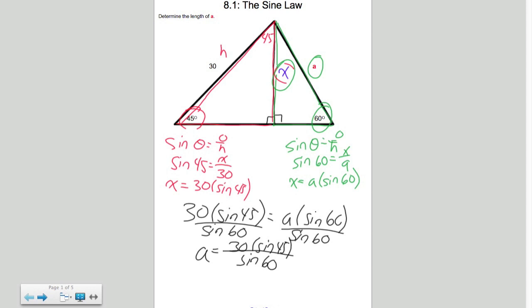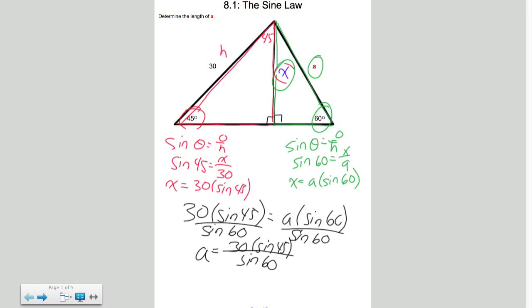So 30 times the sine of 40, folks. I'm not used to this calculator. 30 times sine of 45, divided by sine of 30, 60.